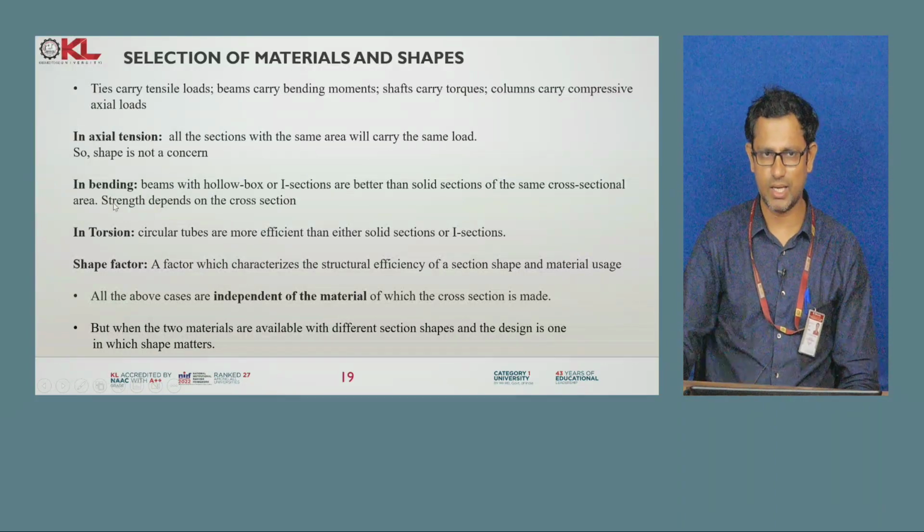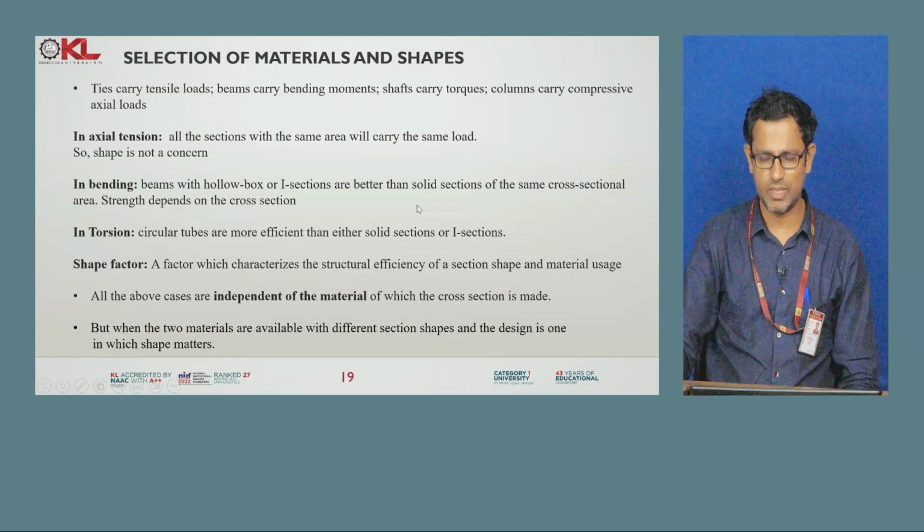Let's see another loading criterion, that is the bending stress. We know that beams with hollow or box or I sections are better than solid sections of the same cross sectional area, because sigma B is equal to M by Z, where sigma B indicates bending stress, M is the bending moment, and Z is the section modulus.